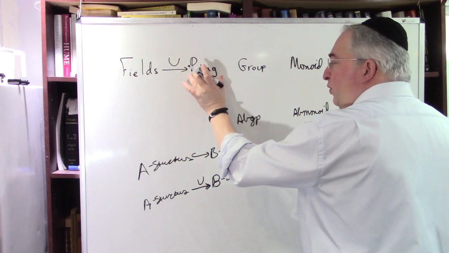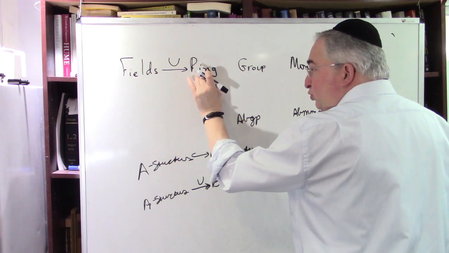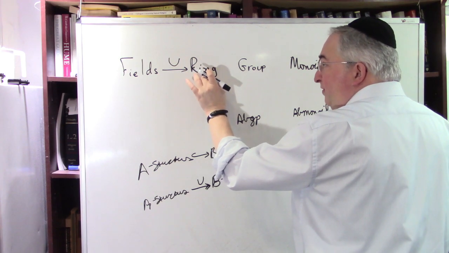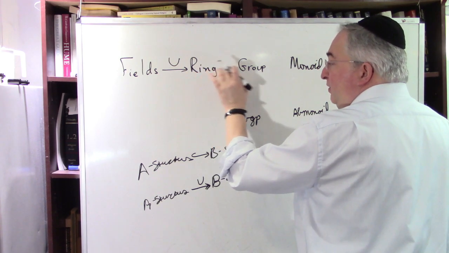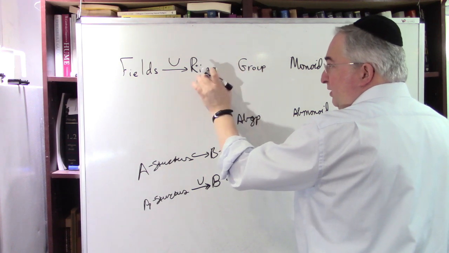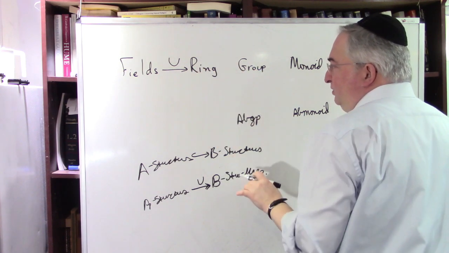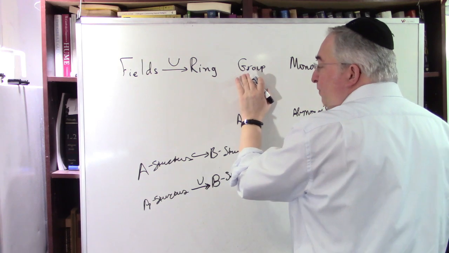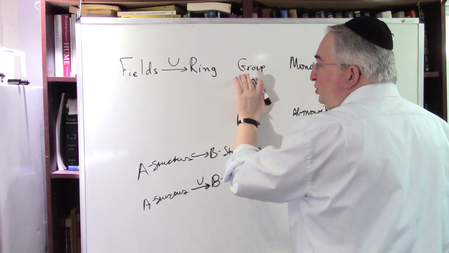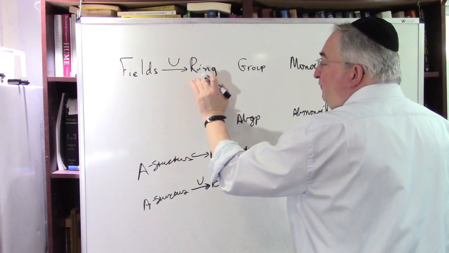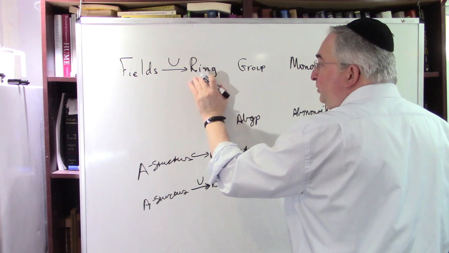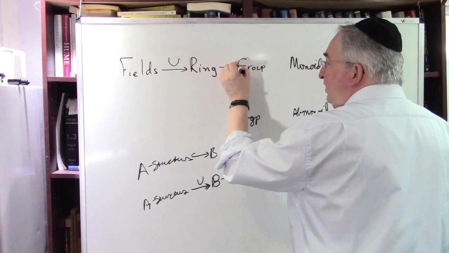Let's go from here to here. What's a ring? A ring has two multiplications, and one of them has an inverse. What's a group? A group is a set with one multiplication that has an inverse. So if you forget that second multiplication, that second operation, then you get a group.